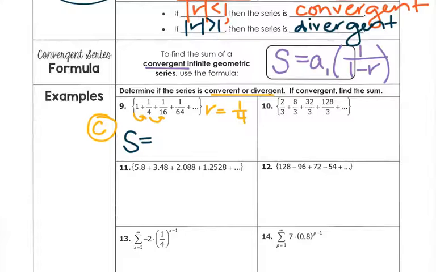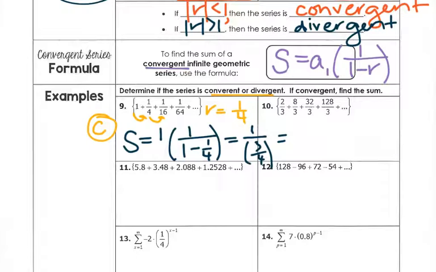Our initial value, A sub 1, was 1. And then we're multiplying by 1 over 1 minus R, which is 1/4. Okay, if we're simplifying, this becomes 1 over 3 over 4. We know dividing by a fraction is the same thing as multiplying by the reciprocal. So this becomes 4/3.